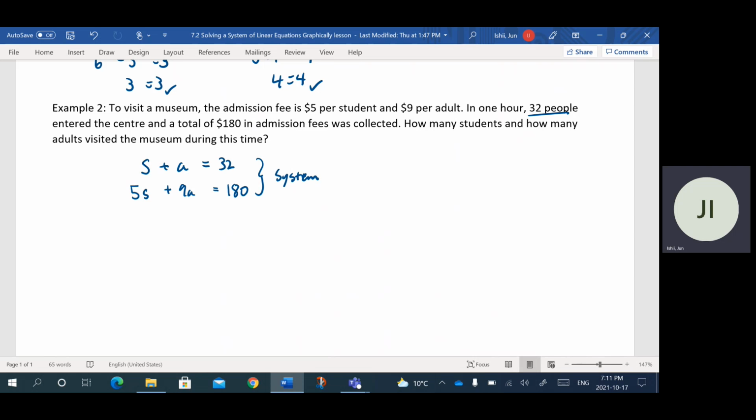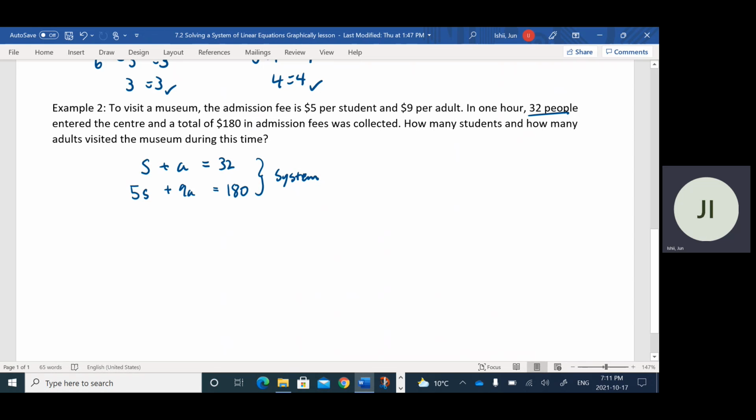Now, for this question, what you'll notice is that we could graph this by hand, but I also want to show you what we call a graphing program or graphing calculator. You can download this onto your phones.